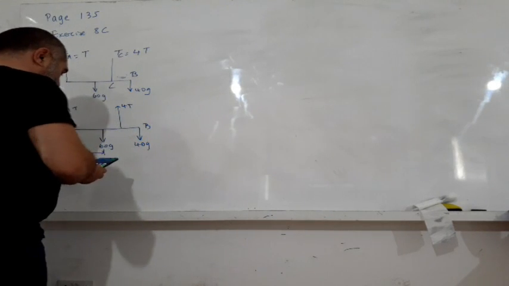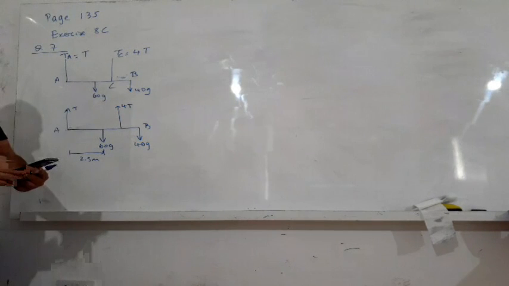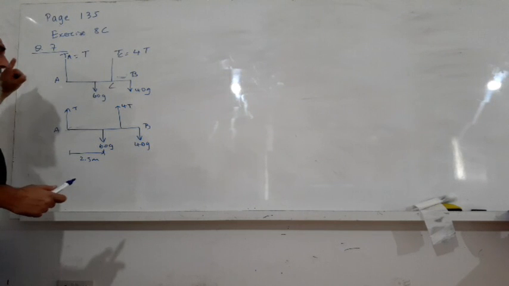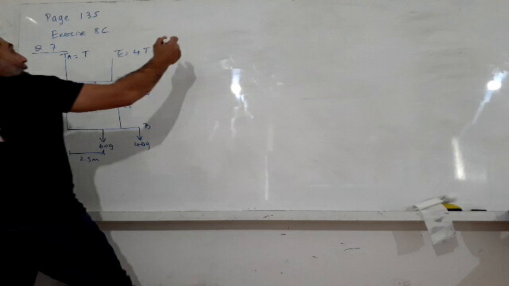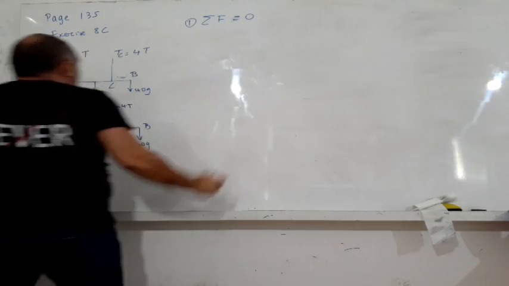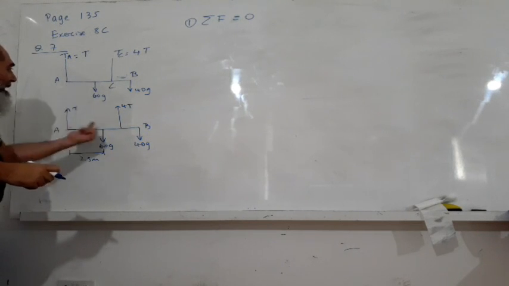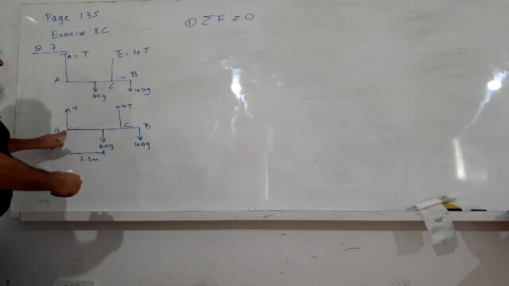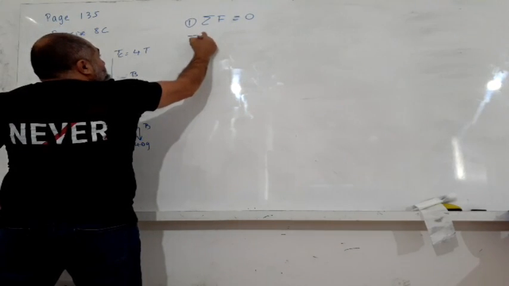Now, what was rule number 1 for equilibrium? The rule says that the sum of net forces must be what? 0. We have two forces acting up at A and C, and we have two forces pointing down.